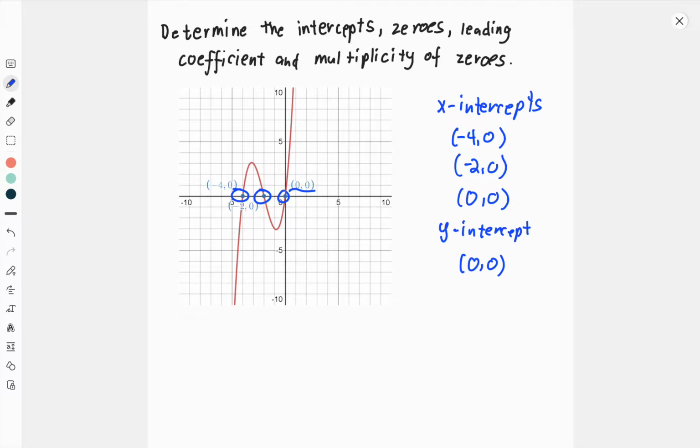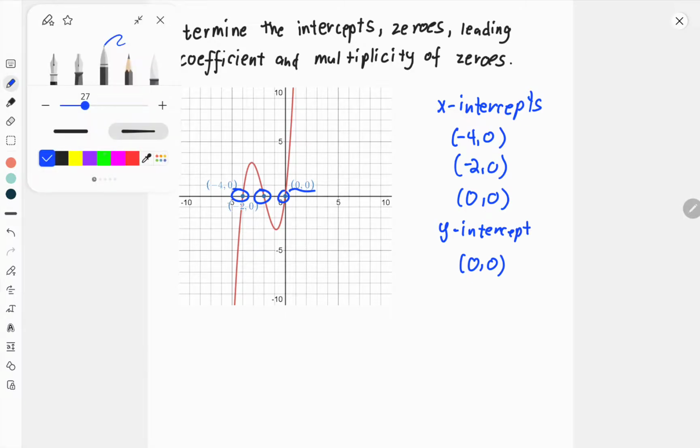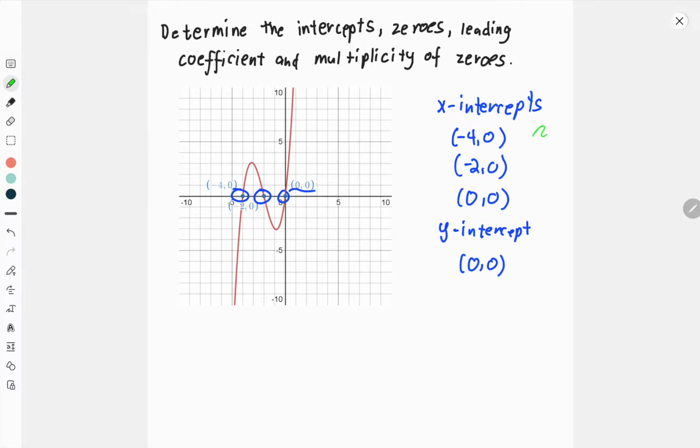Okay, now let's go on with our leading coefficient. Now, if we have our x-intercepts there, so let me just change the color of my pen. We can declare this as x plus 4, and then x plus 2, and then x.